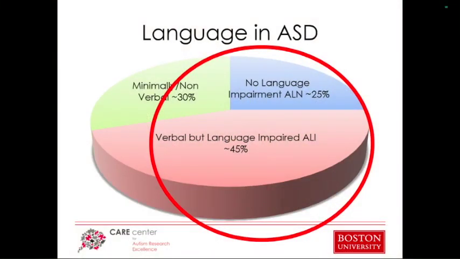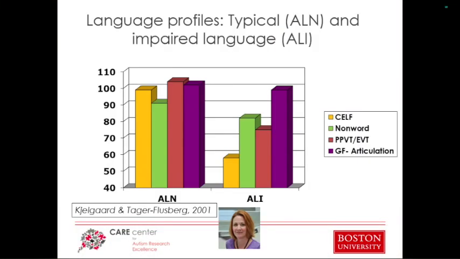Let me start by talking about these two groups, because that's where we started our work, the children who do have some language. In an initial study that I did with my postdoc, we were trying to understand the heterogeneity even among the children who do acquire spoken language. This is quite a large sample of children between the ages of about 5 and 16.